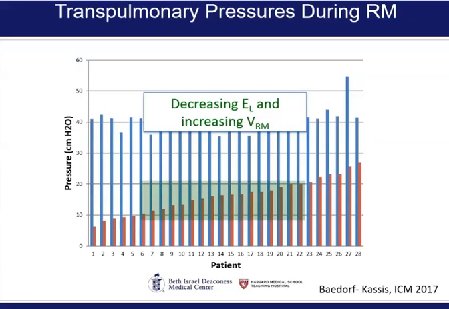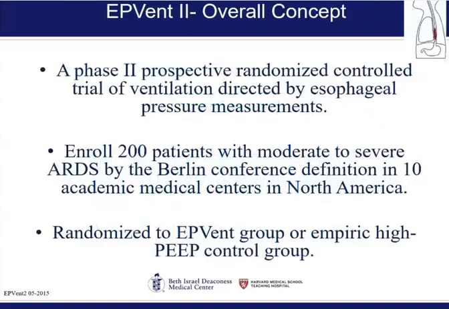So really, we should be looking at this mid-zone and titrating our recruitment maneuvers also to transpulmonary pressure. Titrating them to airway pressure is easy, but actually makes no physiologic sense to the patient. And if we're looking at why previous trials have misstepped, and if you remember in the ART trial, there was a huge recruitment maneuver at the beginning, which may well have overdistended many of the lungs of those patients, causing injury. There were other issues with that trial, of course.